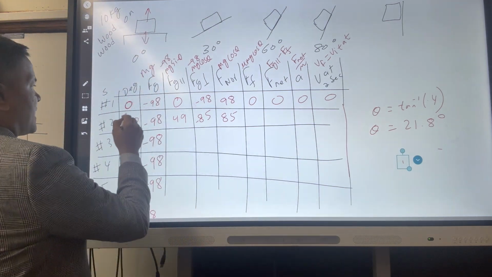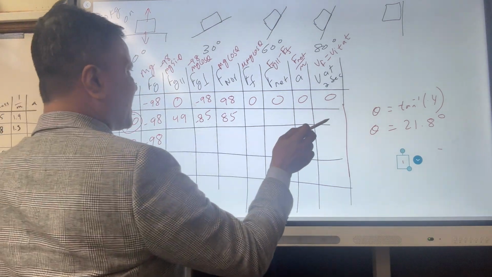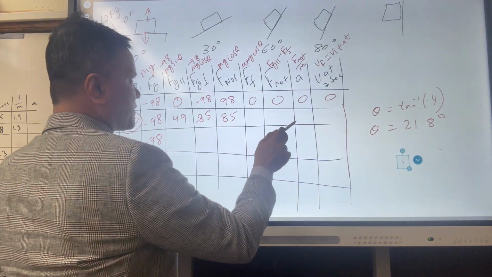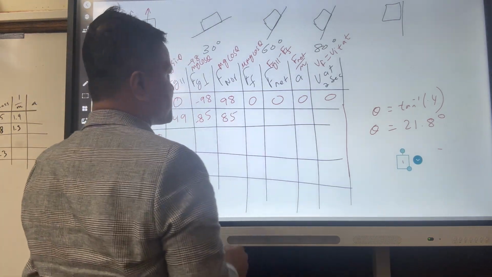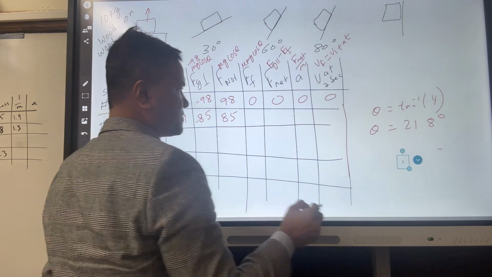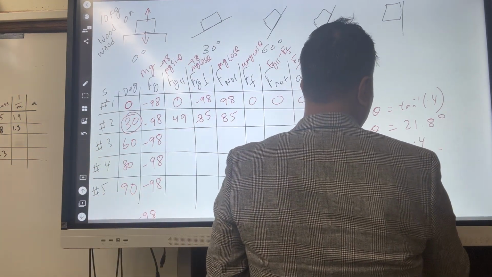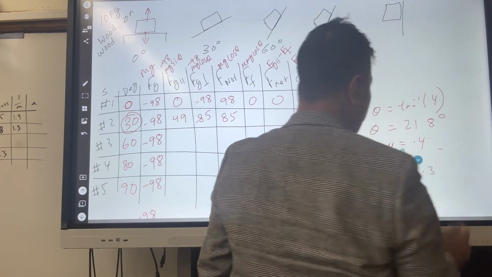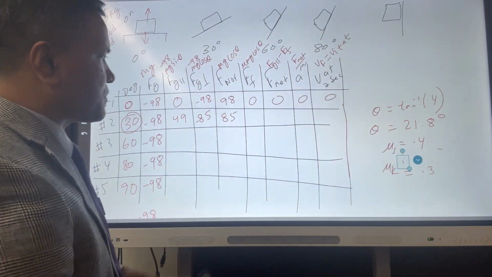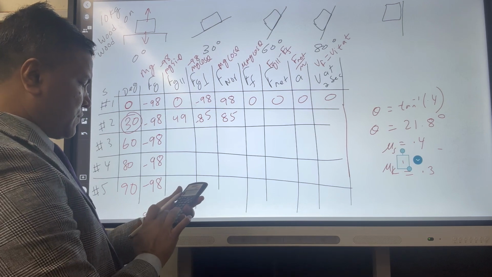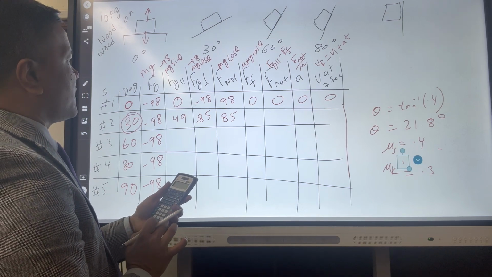Okay, 30 is more than 21.8. So yes, there would be friction. Which one are you going to use? Of course, mu s is 0.4, mu k is 0.3 for wood on wood. You're going to use 0.3. So 0.3 times Fn.